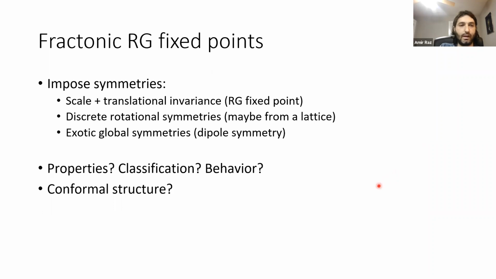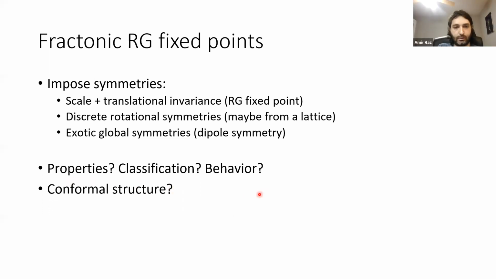And really, most of the RG fixed points that we know of don't only have scale invariance, they have more than that. They have some conformal structure. And so we wanted to know if we can find any conformal structure in these types of theories, and maybe that can help us also answer some of these other questions.